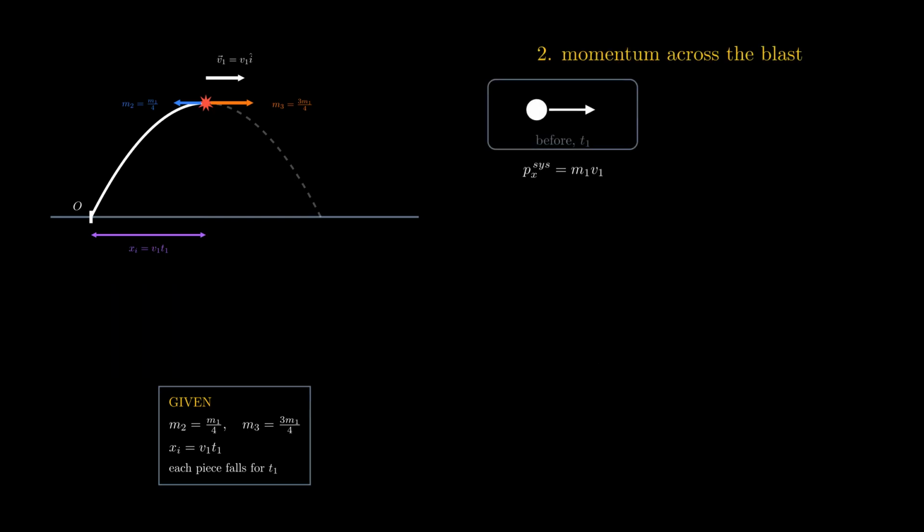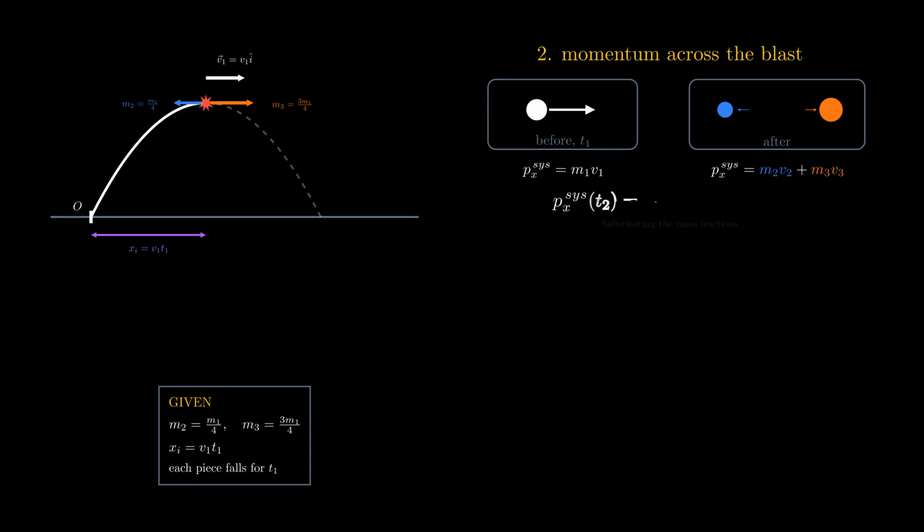Immediately before the explosion, at time t_1, the system is a single object, so the momentum of the system is m_1 v_1. Immediately after, the system momentum is m_2 times minus v_1 plus m_3 times v_3. Substituting the mass fractions, that is minus 1/4 m_1 v_1 plus 3/4 m_1 v_3.